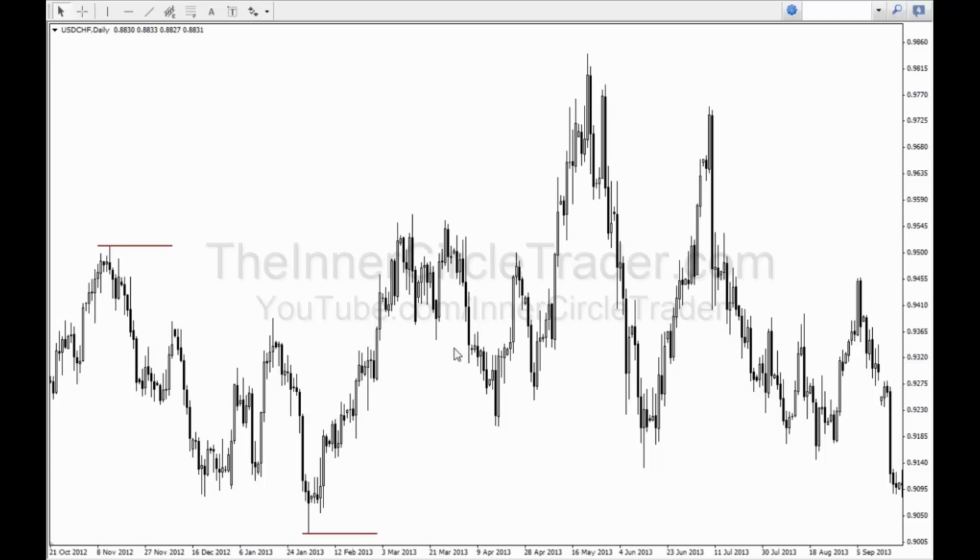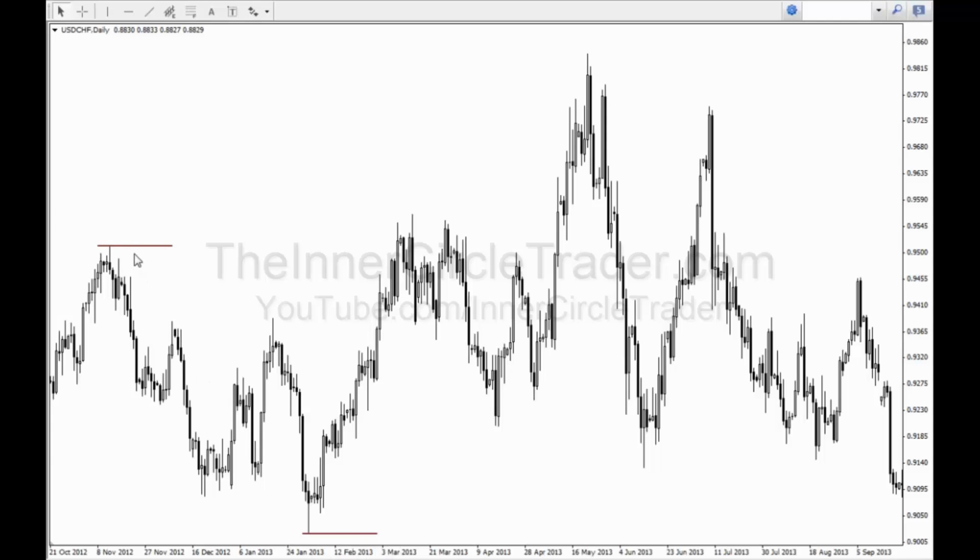It wasn't until I understood the natural ebb and flow in the marketplace that it became quickly apparent what that statement means when markets are 70% of the time inside of a trading range. We have a high here and a low here. The range is defined by this low and this high.